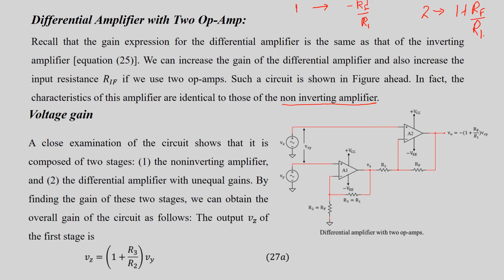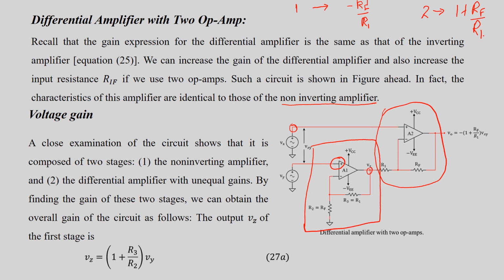Stage 1 is a non-inverting amplifier where the input is applied to the positive terminal of an op amp, and the second stage is a differential amplifier where 2 inputs are applied, Vz and Vx, with unequal gains. By finding the gain of the 2 stages, we can obtain the overall gain of the circuit.